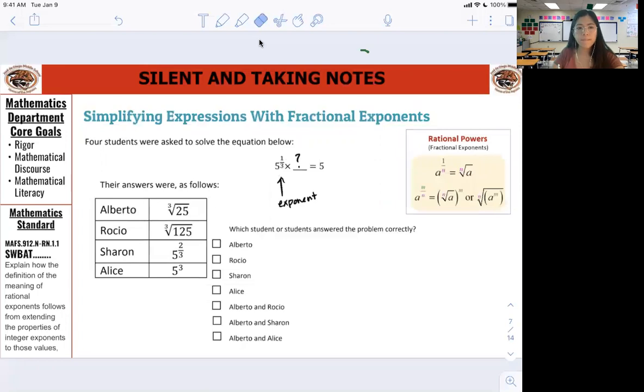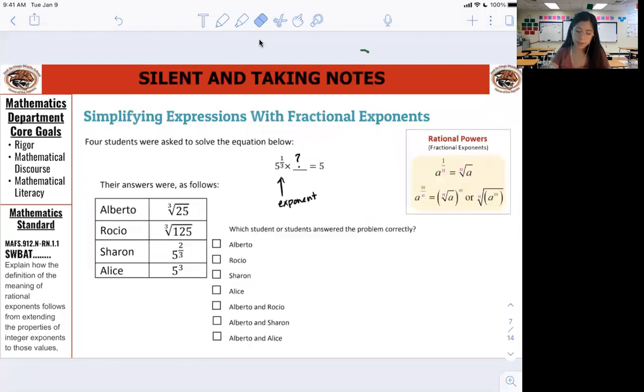Sharon and Alice? Wait, no. Sharon also has an exponent. That's 5 to the power of 2/3. So Sharon matches. So does Alice. They both have exponents. Alberto and Rocio have radicals. They have the cube root. So I need to rewrite those in order to work with the values because things have to match.